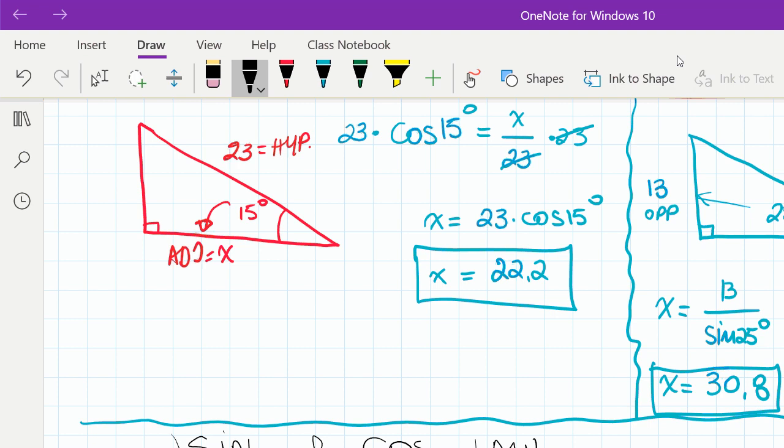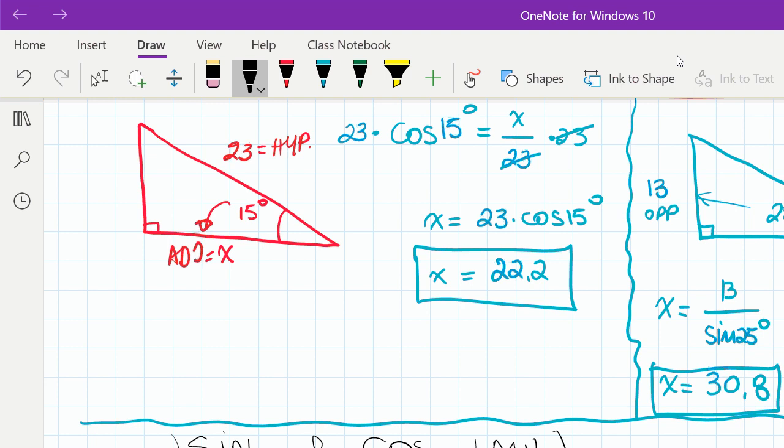So sine and cosine law deals with triangles that are not right angle triangles. If SOHCAHTOA deals with right angle triangles, sine and cosine law deals with non-right angle triangles, so a triangle in which none of the angles is 90 degrees.